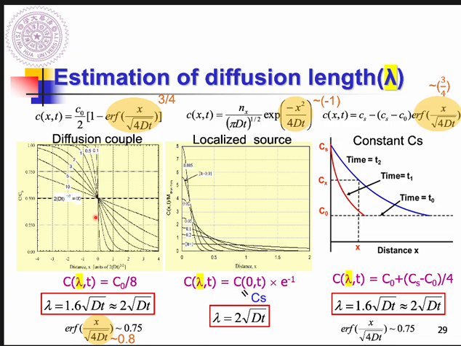And in this diffusion case, this concentration is 1/2 CS, and they don't have concentration inside here. So this will be 0, and 1 over 2 CS. So you got 1 over 8 CS, the same.